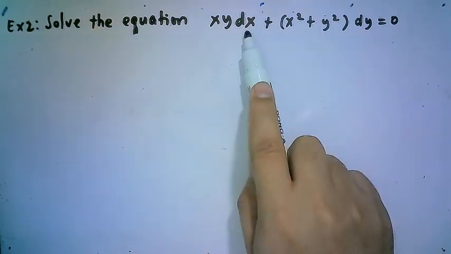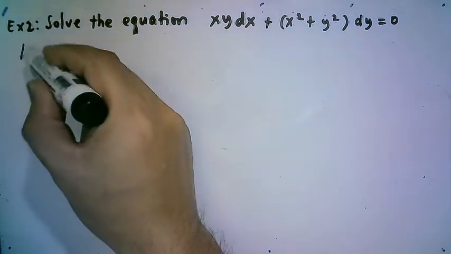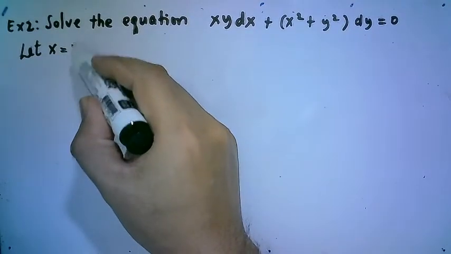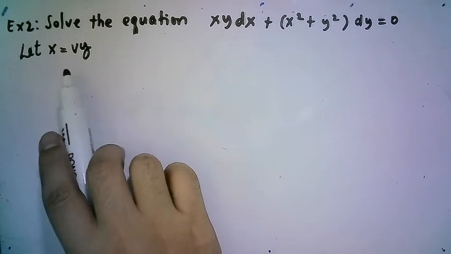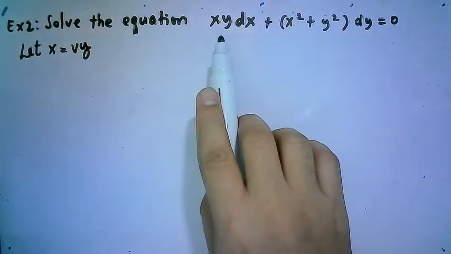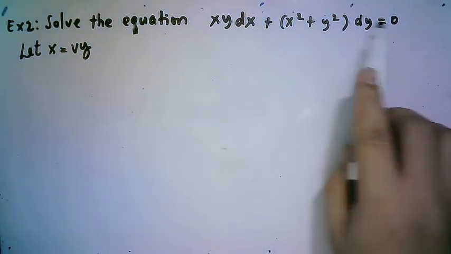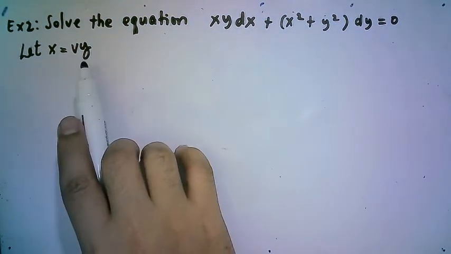So this is dx. Therefore, we let x equal vy. We will make use of this substitution because this part is simpler compared to this part. So let x equal vy.